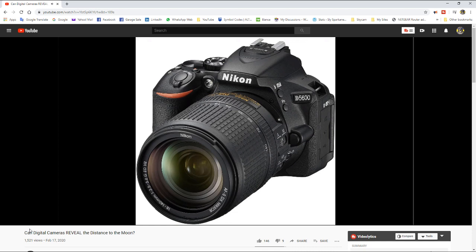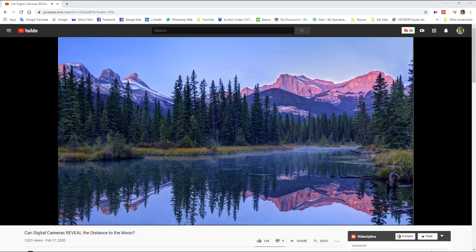So let's get into what the idea is right here. Now, before I get specifically to the moon, is there a way to take a digital camera and let's say you know the distances to all these different things you see in the picture. So at first you focus on these trees right here that are in the foreground, or let's just say even closer, these little bushes that are growing out of the lake.